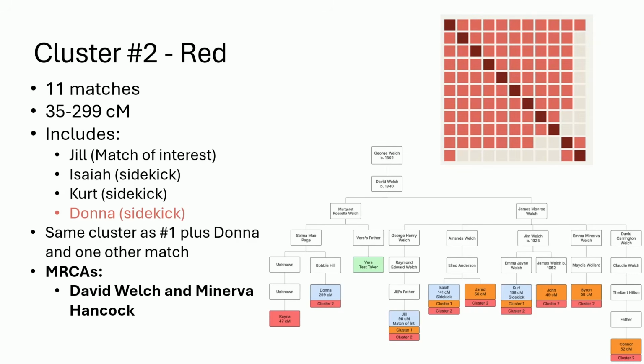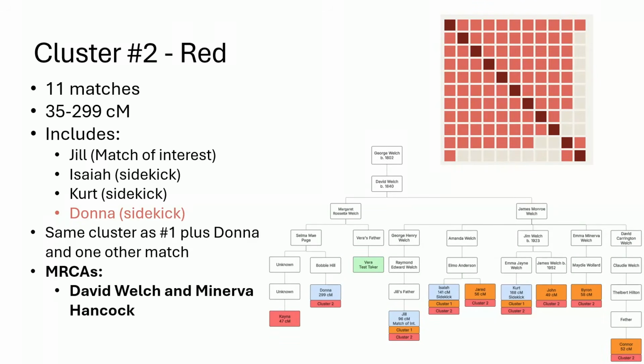Now going to the next cluster, number 2, there were 11 matches. So it added Donna, one of our sidekick matches, to the existing people in cluster 1. The common ancestor now is Vera's common ancestor with all these matches, David Welch and Minerva Hancock.